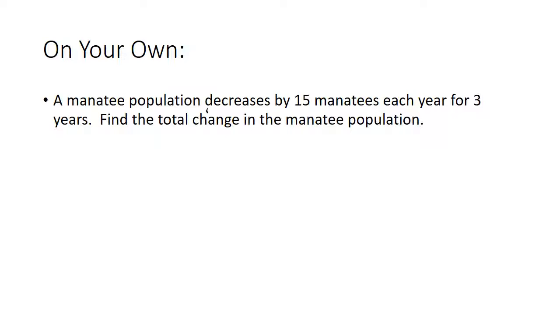So since it's decreasing by 15, we can represent that with an integer as negative 15. Now we're doing this each year for 3 years. So that means we can multiply this by 3 because it happened 3 times. Over the course of 3 years, each year we decreased by 15 manatees.